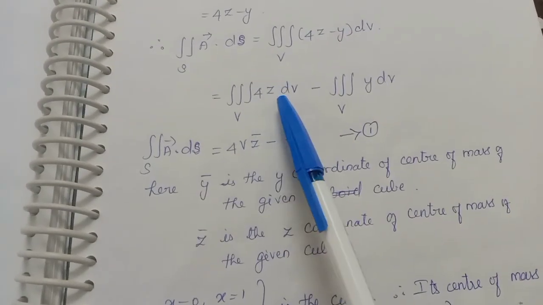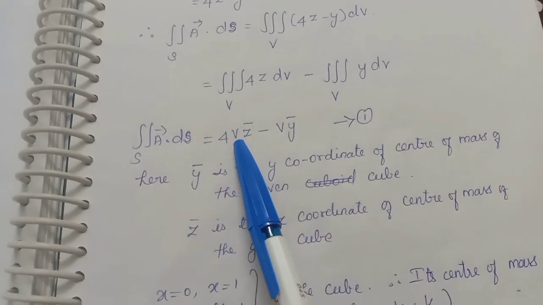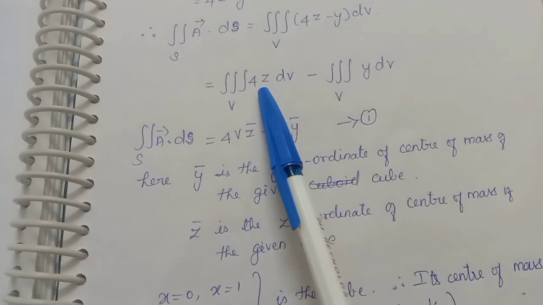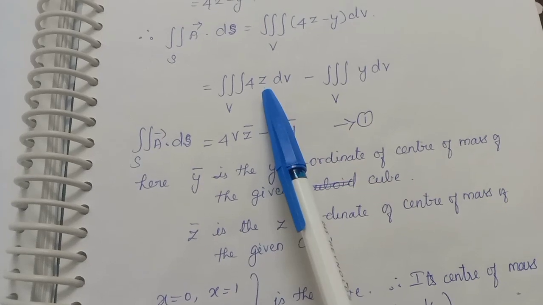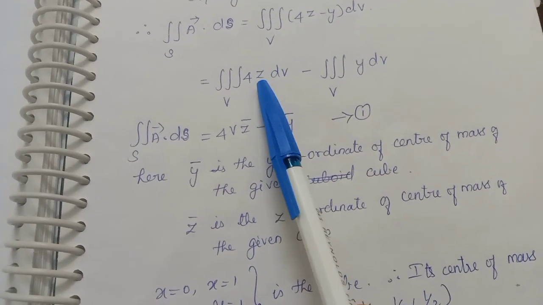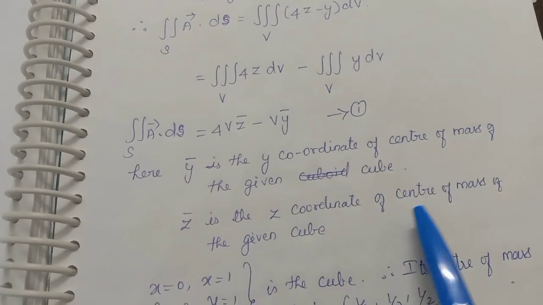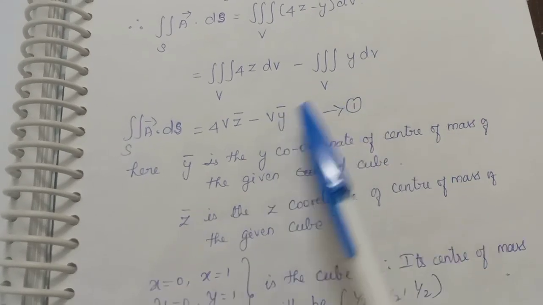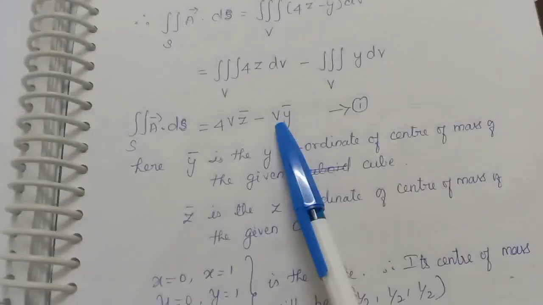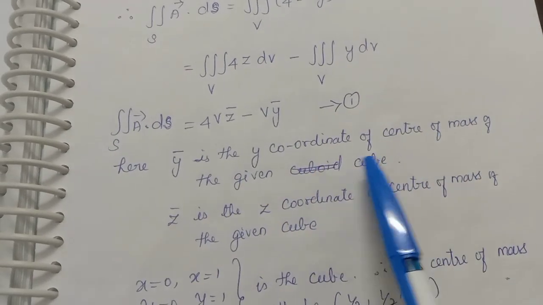The triple integral of z dV is nothing but V into the center of mass coordinate, z bar. That means z bar is the z coordinate of the center of mass of the given cube. Similarly, the triple integral of y dV means V into y bar. What is this y bar? y bar is the y coordinate of the center of mass of the given cube.